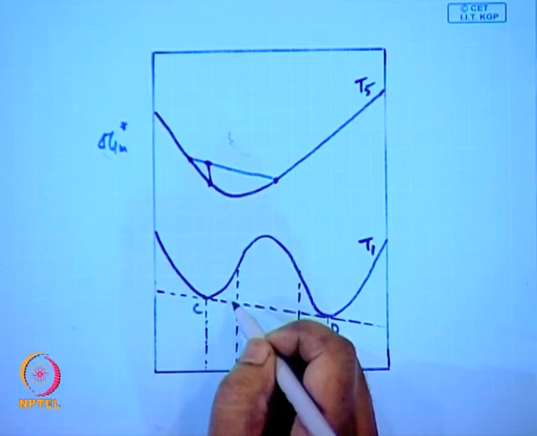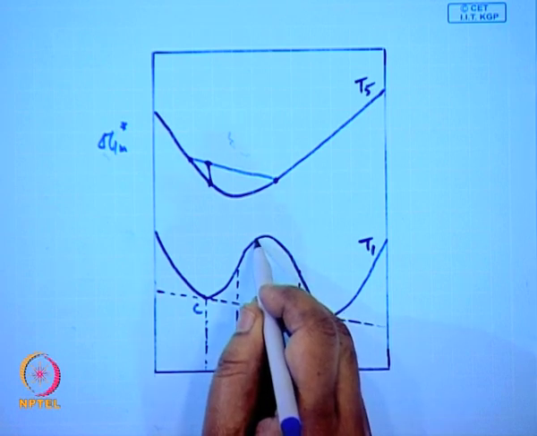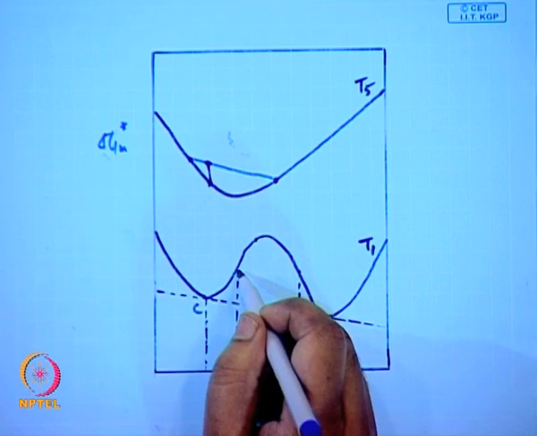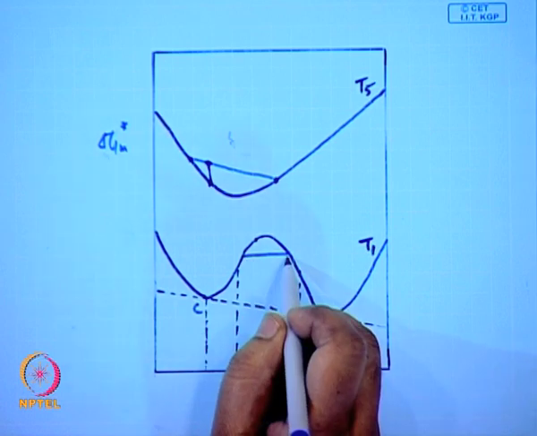Now, look at another composition here, any point between this and this point, any point on this curve. This is the tie line.